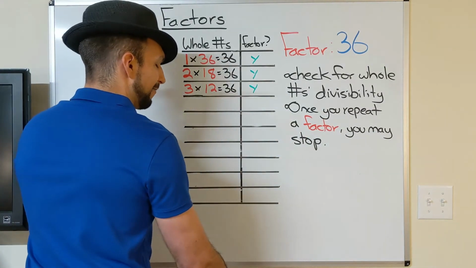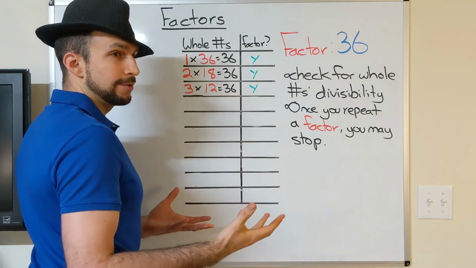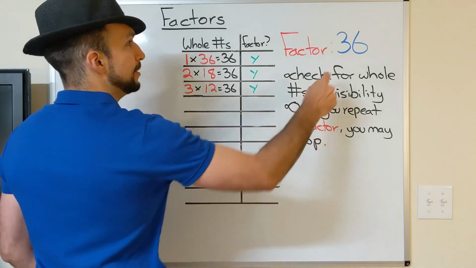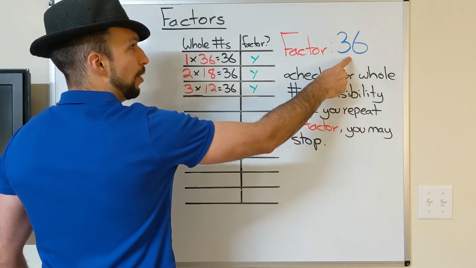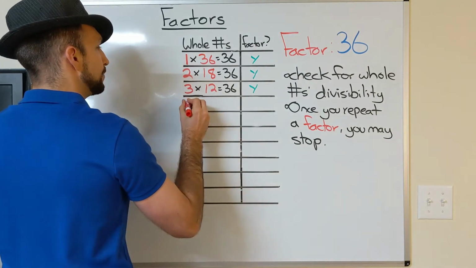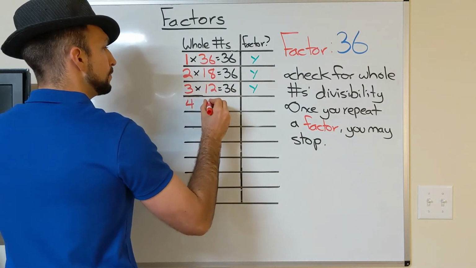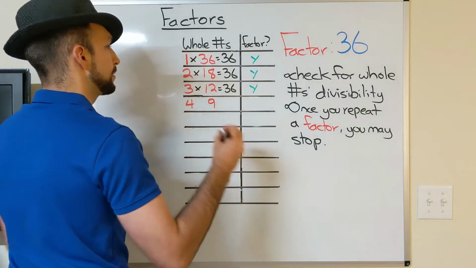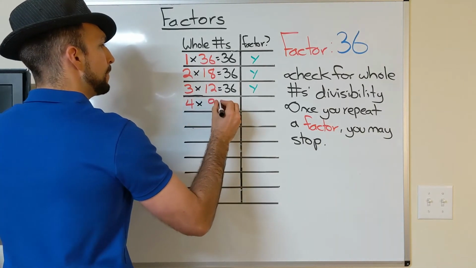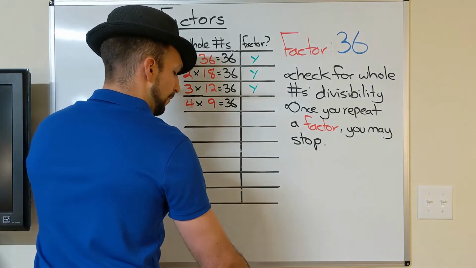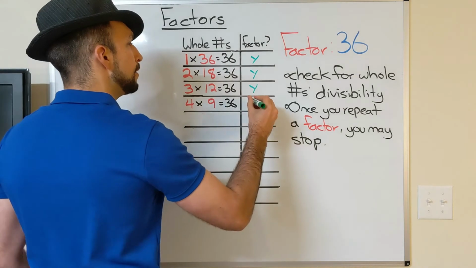Next, we'll try dividing this by 4. If you know your times tables, you'll know that 4 times 9 is 36, or we could try dividing it in a calculator. You'd see that 36 divided by 4 would result in 9, so 4 is also a factor of 36. So 4 times 9 gives us 36. So far we're firing on all cylinders.